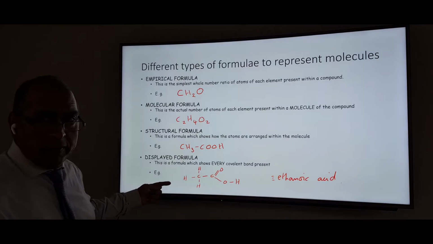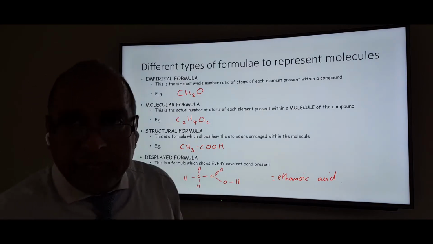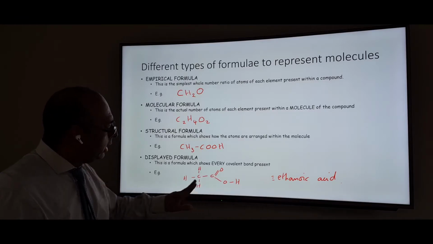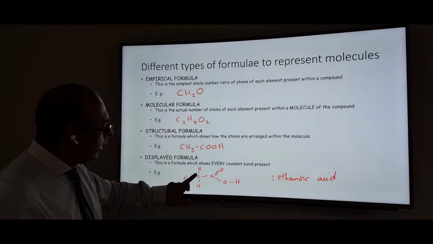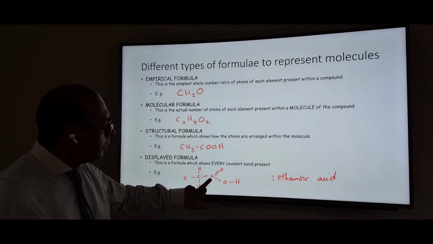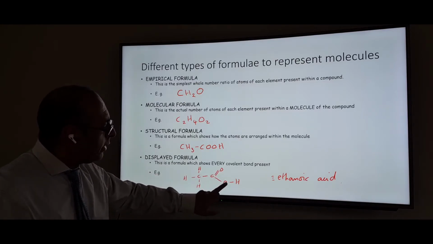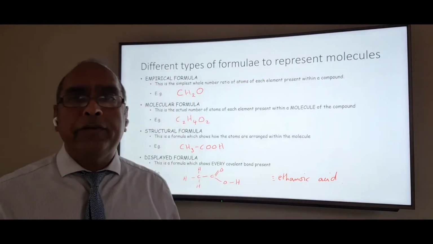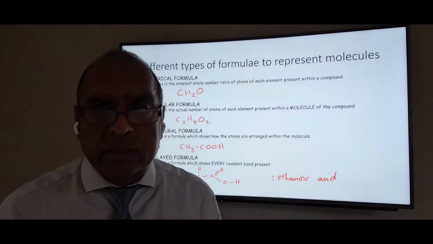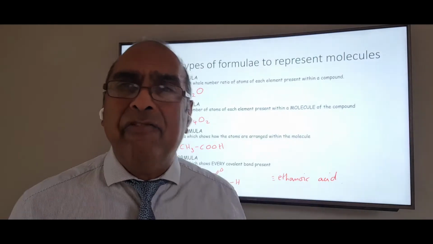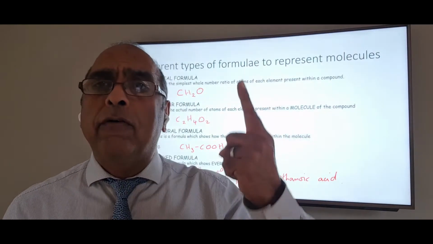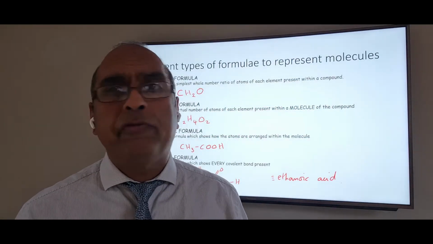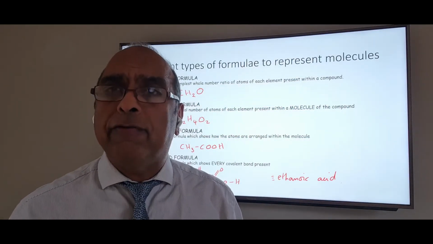And that's a displayed formula for vinegar, because it tells you exactly 1 covalent bond there, 1 there, 1 there, 1 there, 2 there between that carbon and that oxygen, 1 there and 1 there. The displayed formula is unambiguous. Displayed formula shows every covalent bond. If you leave 1 covalent bond out, you don't draw it in, then you fail as a displayed formula.